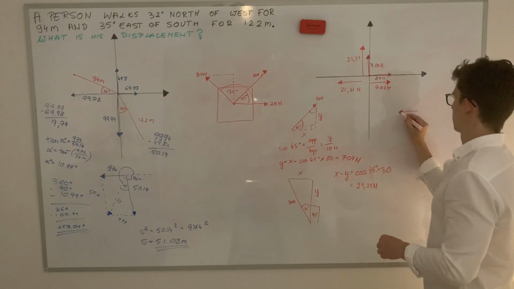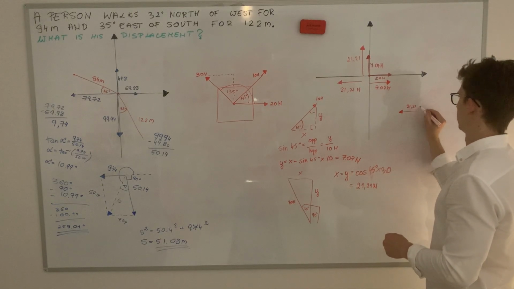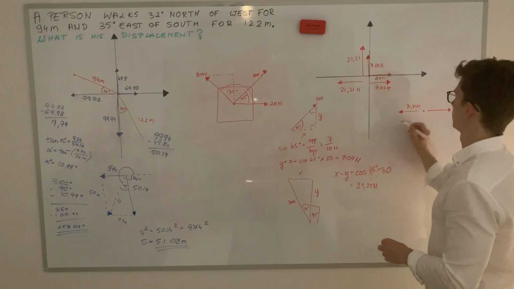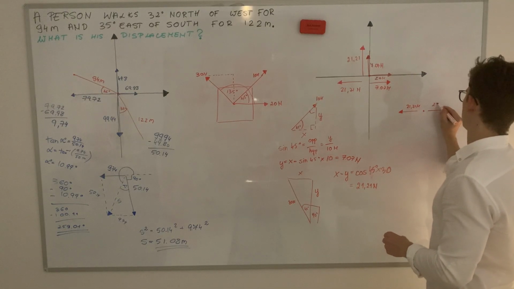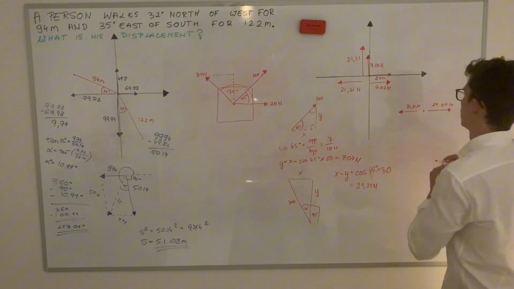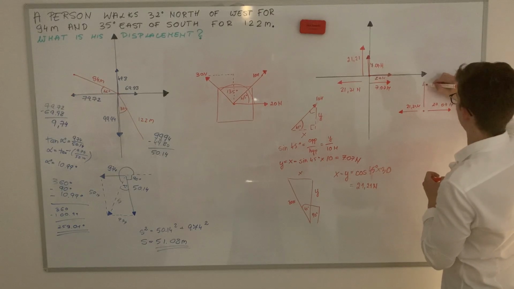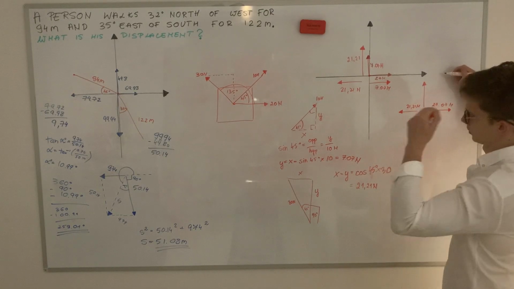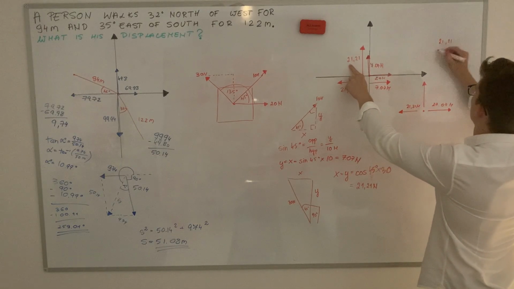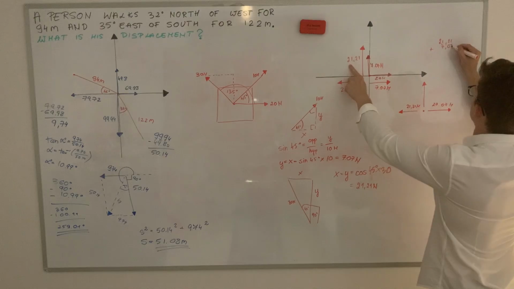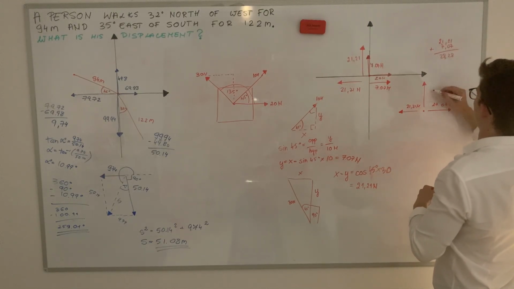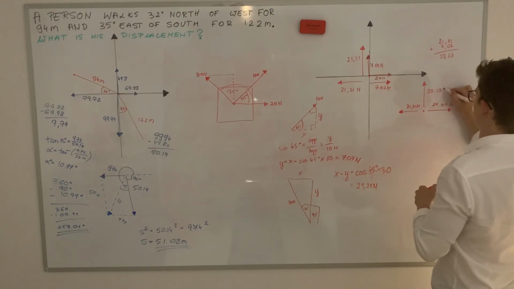In the west direction, we have 21.21 newtons. In the eastward direction, we have 27.07 newtons, because we added 20 and 7.07. And in the north direction, or the positive y-axis direction, we will have 21.21 plus 7.07, which should give us 28.28 newtons.